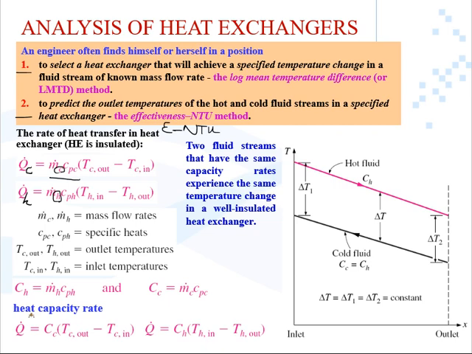Am I right? M dot C, CPC, we call it capital CC, and M dot H, CPH, we call it capital CH. What are they? We call it heat capacity rate.